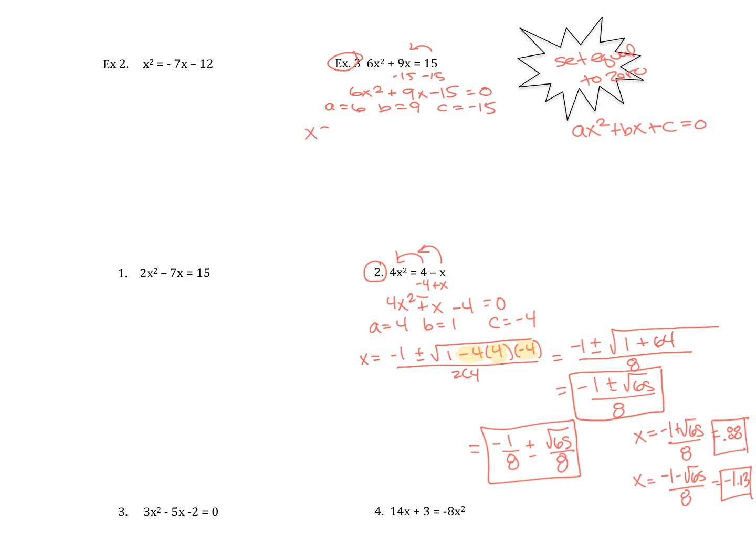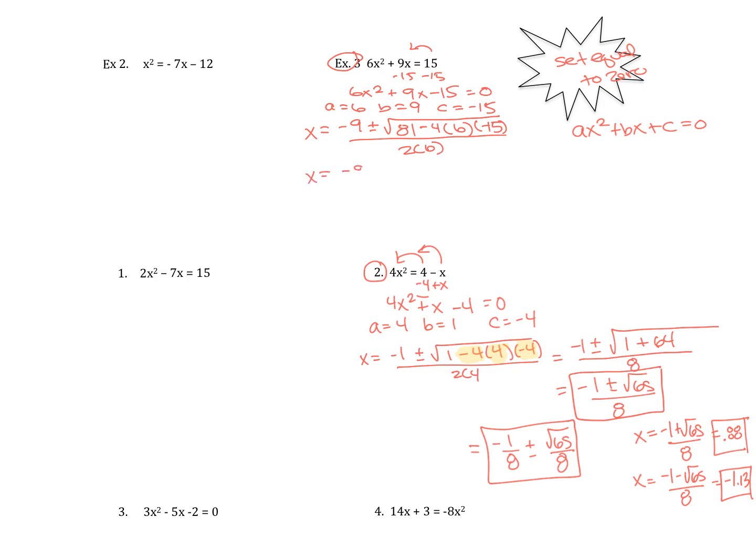So my x is equal to negative b, or negative 9, plus minus the square root of 9 squared, which is 81, minus 4 times a, which is 6, times c, which is negative 15, all over 2 times a, which is 2 times 6.